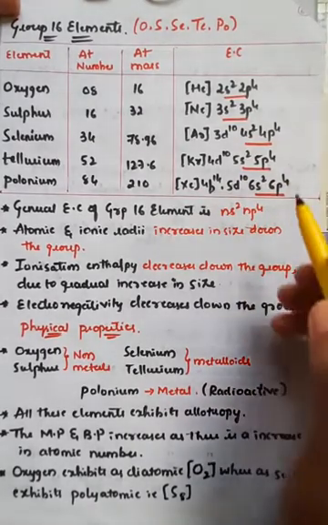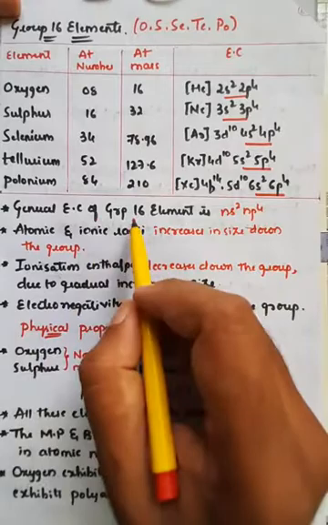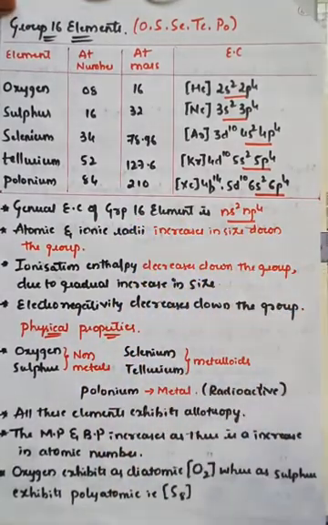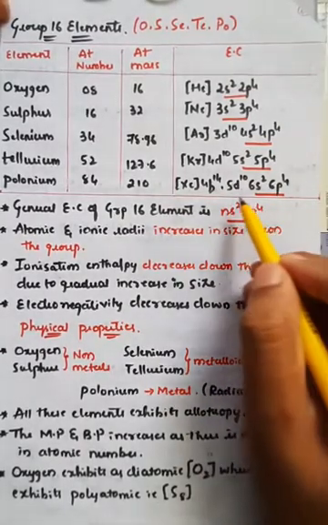So the general outermost electronic configuration of any of the 16th group elements can be given as ns2 np4.